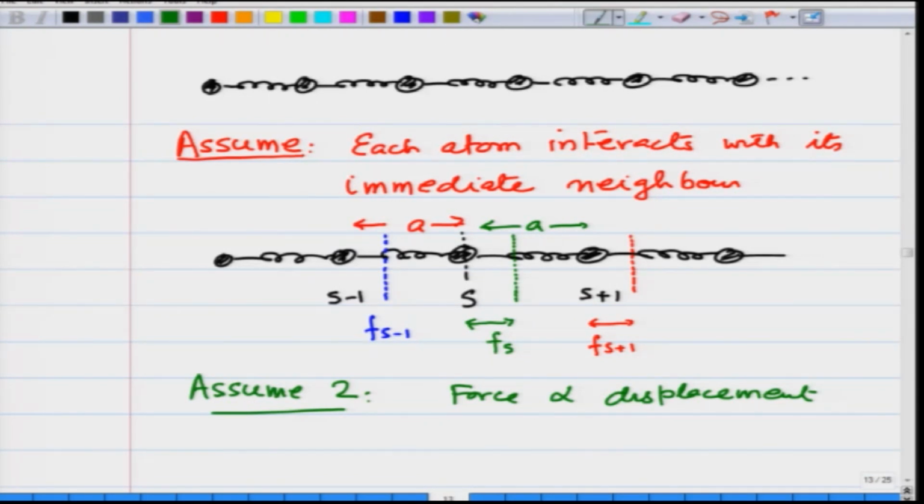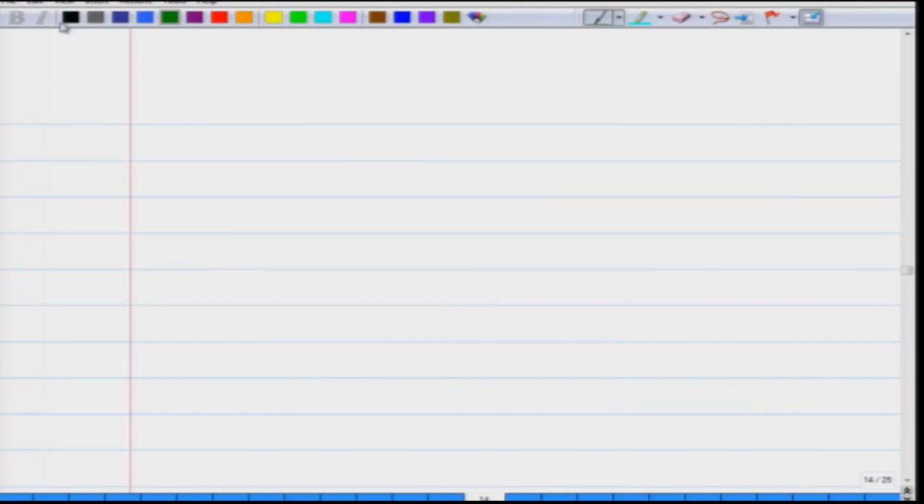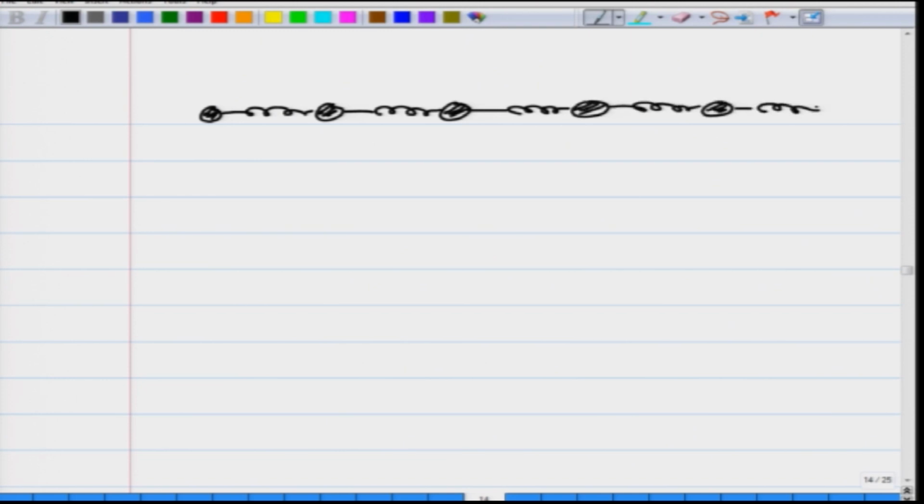Let us see the directions of these forces and how the force on the Sth atom looks like. So, let me make this figure again. Here are these atoms connected by springs, and only neighboring atoms are applying forces on each other. This was the Sth atom, this is S plus 1 atom, and the interaction is only with the neighboring atoms.